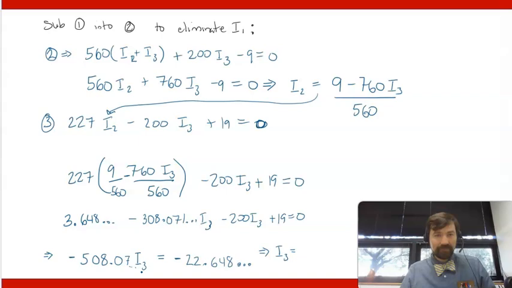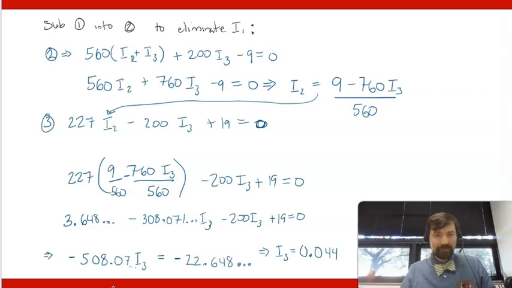508.071 I3 plus 3 plus 19 is 22. So 22.648 is equal to 0, and therefore negative 508 and change I3 is equal to negative 22.648, etc. And so I3 is this number divided by 508, which gives us 0.04456.